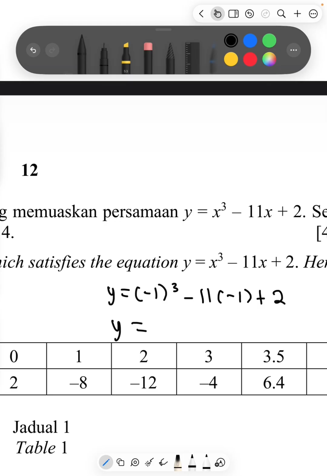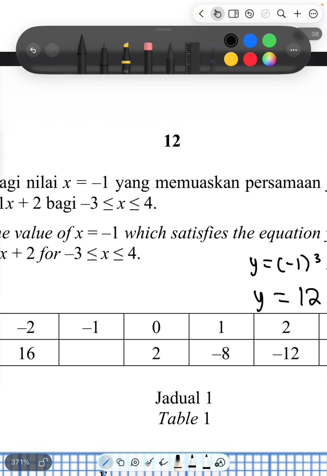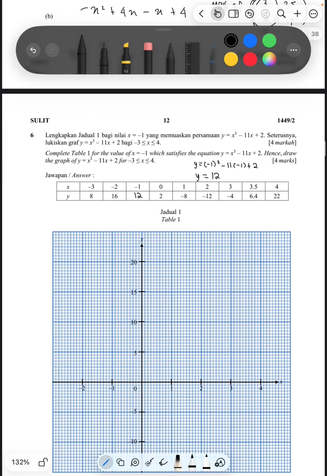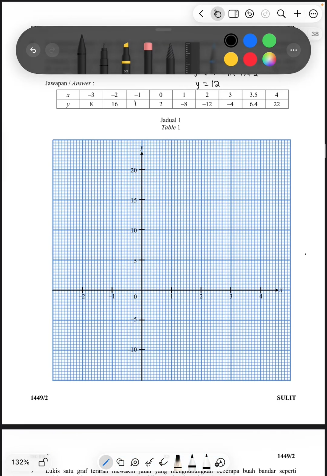So you get 12. So y is equal to 12. And then they ask you to draw the graph. So just plot every point, and then you probably get a shape like that. So all you have to do is just plot and connect the lines.